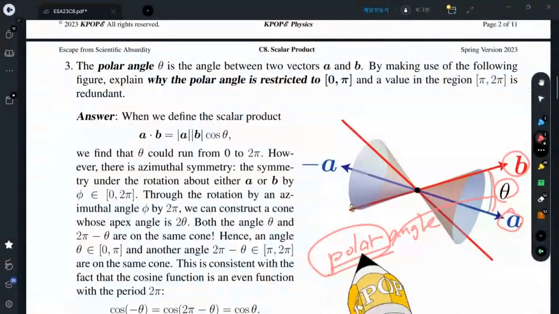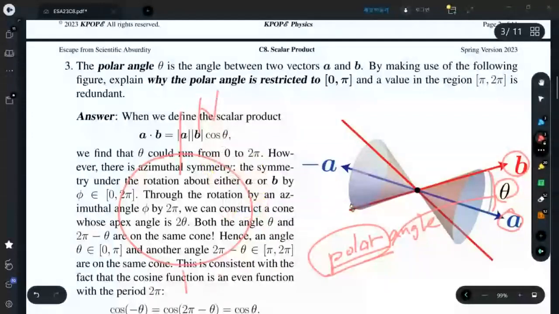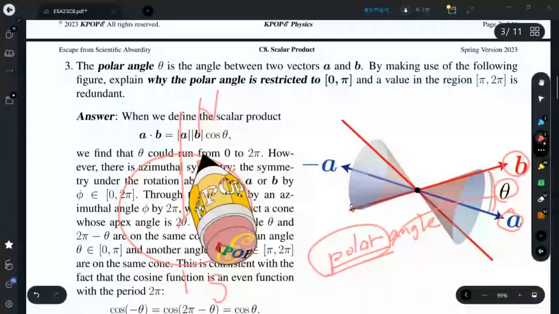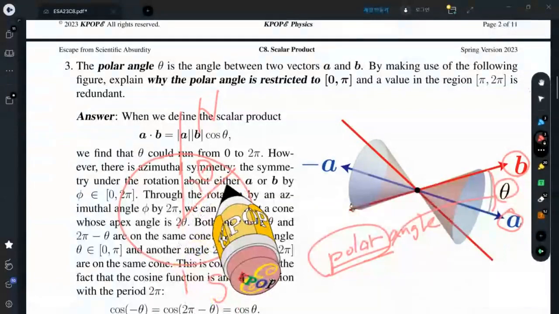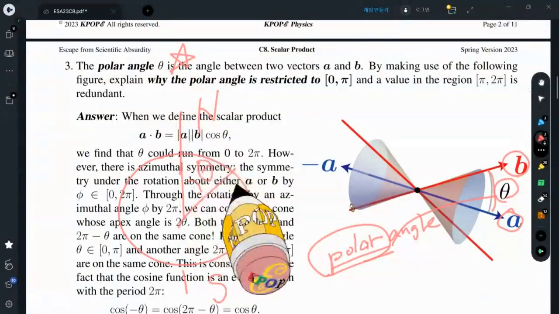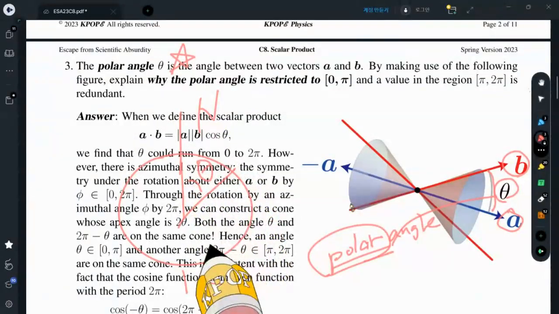The reason why we use this polar is a pole, North Pole and South Pole. And angle theta is measured from the North Pole, okay? And we have Polaris and the angle from here. But usually we have longitude.